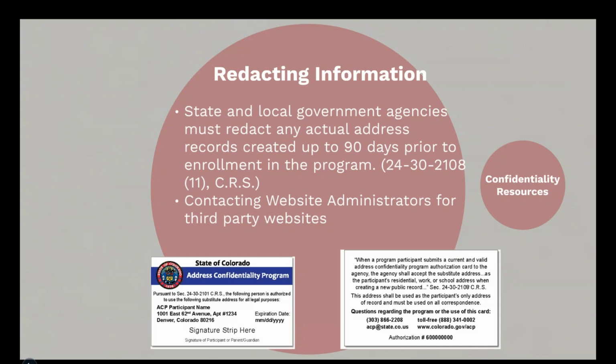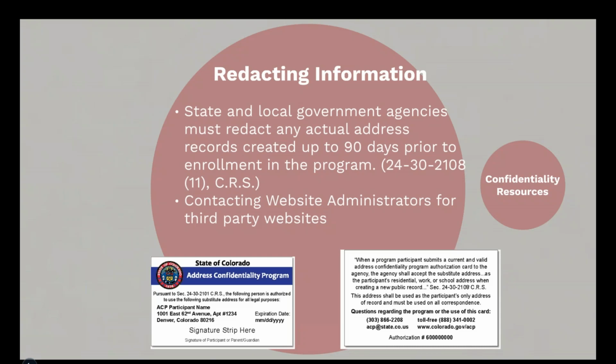If a participant does see their actual address on any kind of website, then one option that they have is contacting those website administrators and making requests that that information is removed.